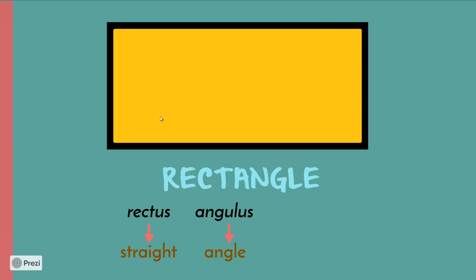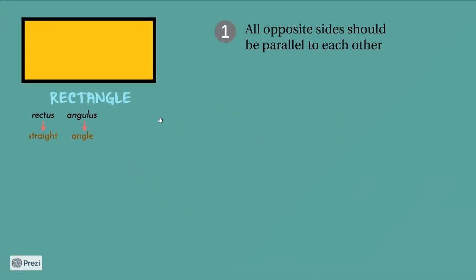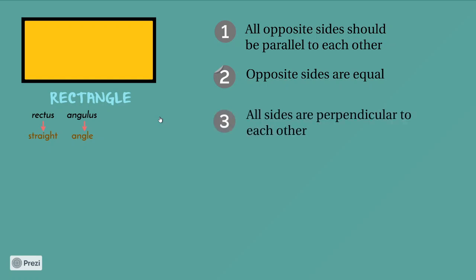That is why it is called a rectangle. So what all do we see in a rectangle? All opposite sides should be parallel to each other, same as a parallelogram, and opposite sides should be equal, the same as a parallelogram, but all sides are perpendicular to each other. That is one important feature of a rectangle, and that's what the word rectangle itself means.